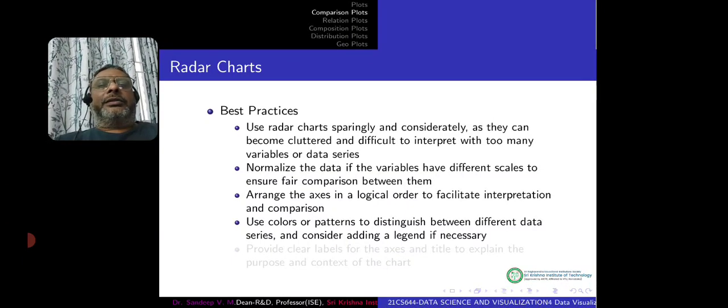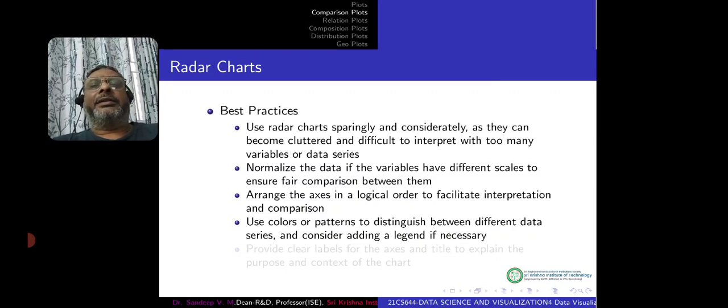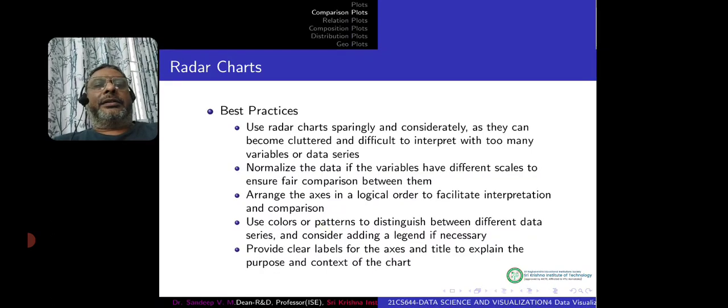We can use colors and patterns to distinguish between different data series and consider adding a legend if necessary. Definitely a legend is always appreciated if it is used, and proper labels must be provided for the axis and title to explain the purpose and context of the chart.